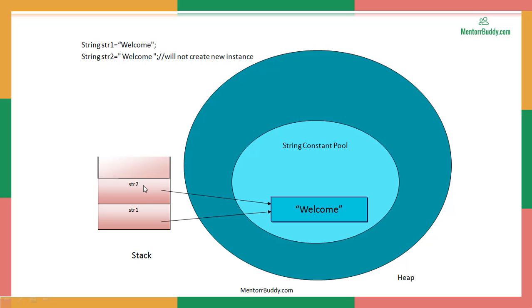Just this str2 will refer to the same object to which str1 was referring. That's why the literal mechanism is known to be a more memory efficient way of storing strings. So here first a search takes place. If the string object is not there, only then is it created. Otherwise just a reference is created, and no object is created.